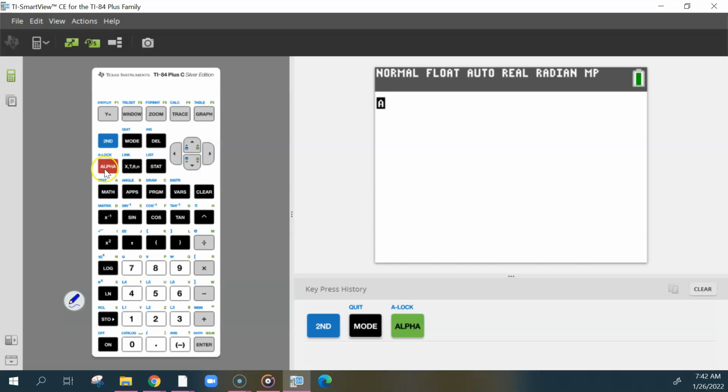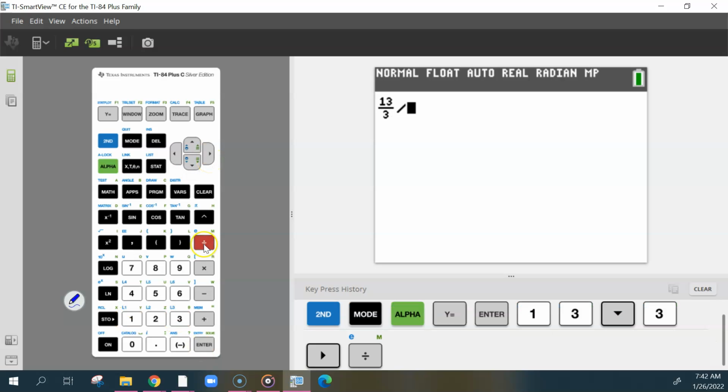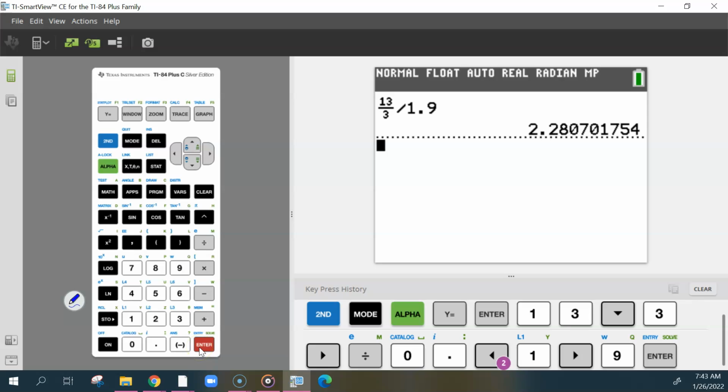So I could do 13 over 3, and then outside of that, divide it by 1.9. I'm going to get some decimals, and you can round that. 2.28, 2.3. Either of those would be fine.